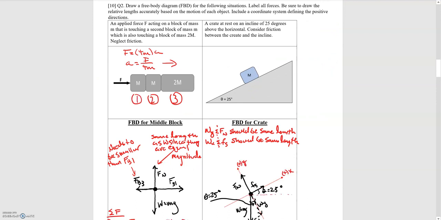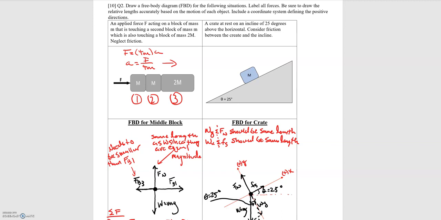For this next problem, and this is something you are definitely going to have on the exam, you're going to be drawing free body diagrams for all of your problems. Specifically, you're going to have problems where you're just drawing a free body diagram for a situation. These scenarios right here are all straight from the note packet.